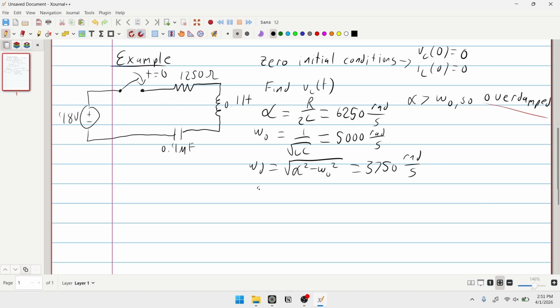And if you find the roots, s1 equals negative alpha plus the damped frequency, and s2 equals negative alpha minus the damped frequency. We should get negative 2,500 and negative 10,000 as our roots.